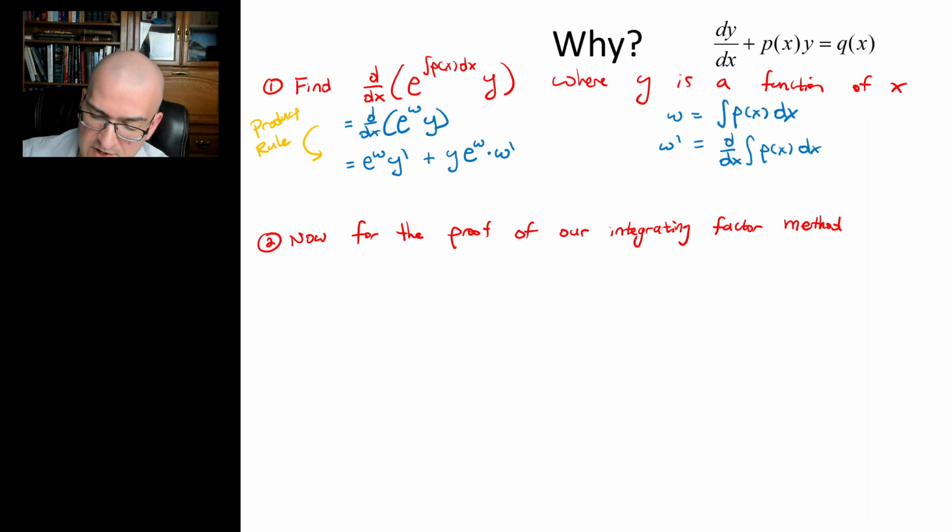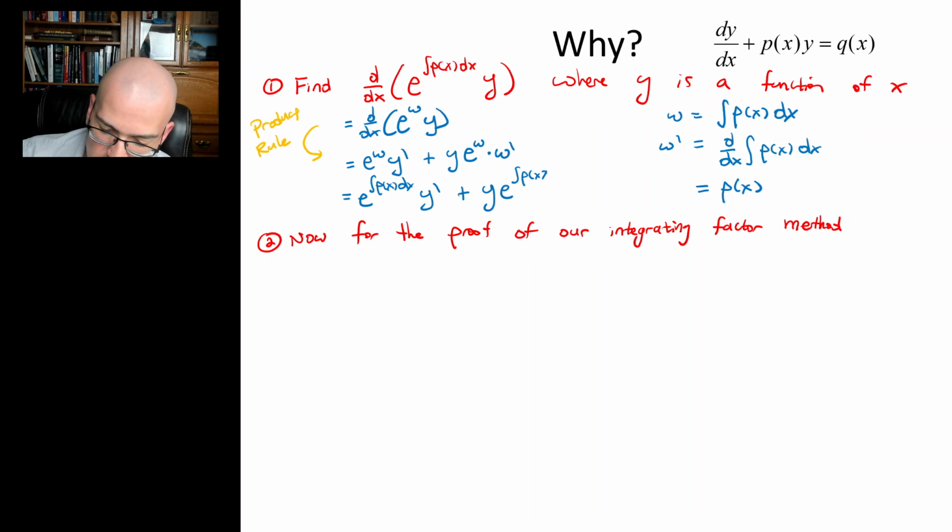That's just going to give us our function back. So I'm going to plug that in. We get e to the integral of p of x dx times y prime plus y times e to the integral of p of x times p of x.